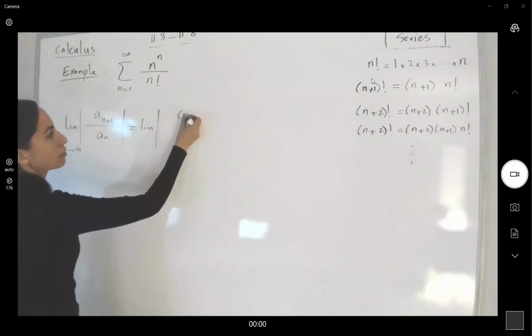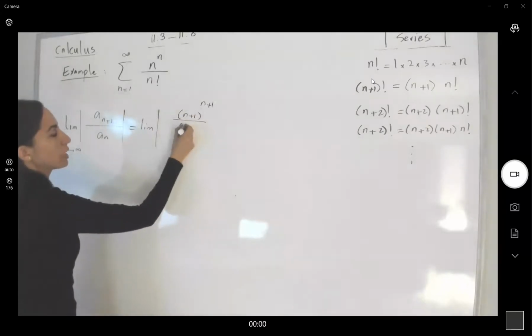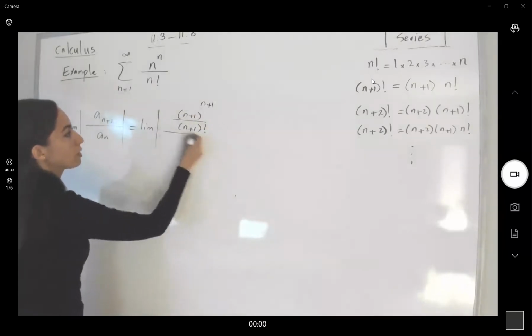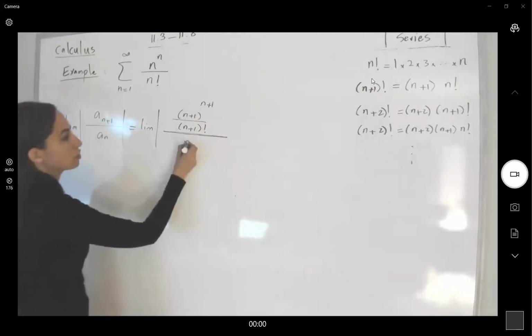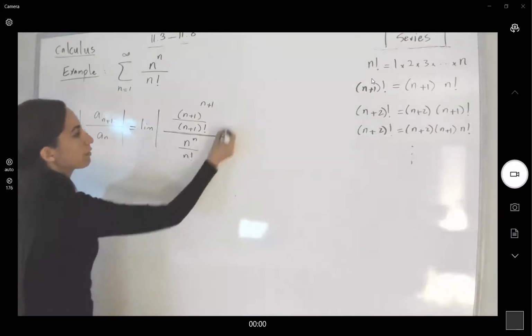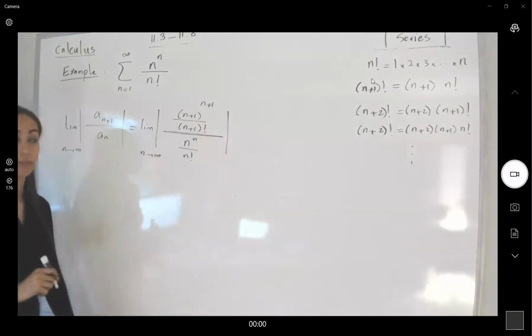So I have n plus 1 raised to n plus 1 divided by n plus 1 factorial. Everything is divided by a sub n, which is n to the n over n factorial. I want to find this limit as n goes to infinity.